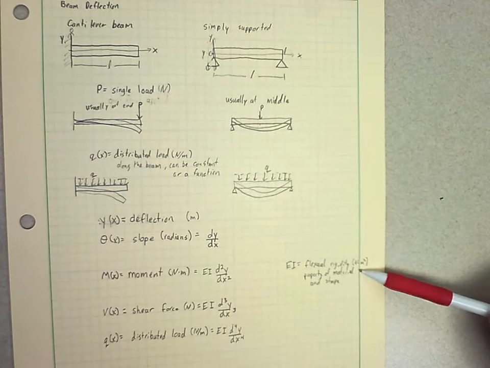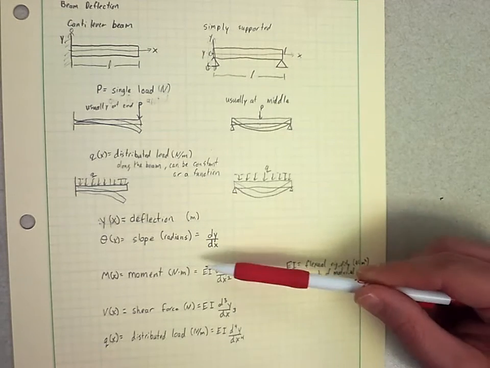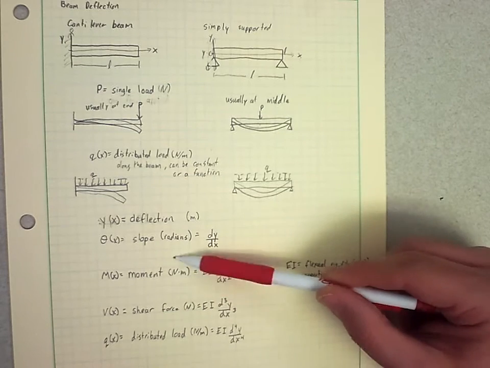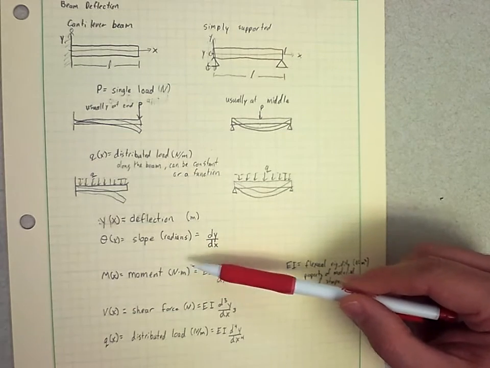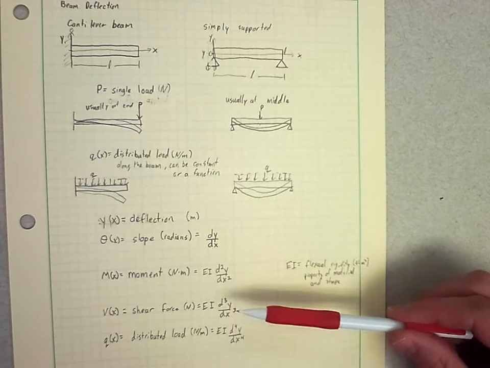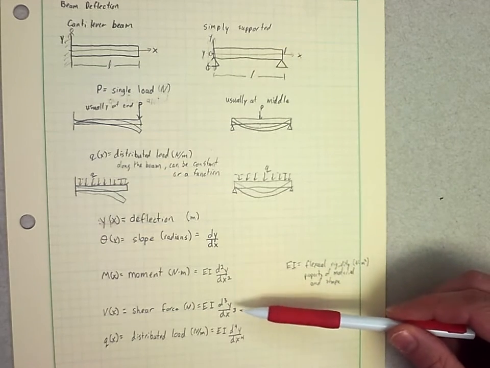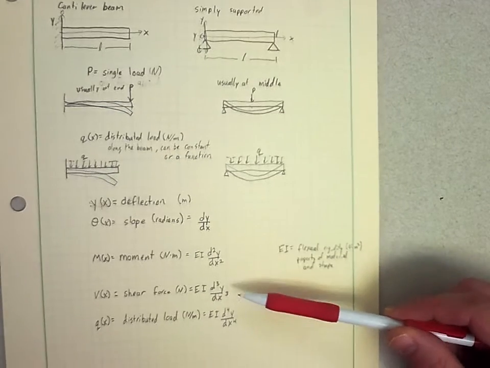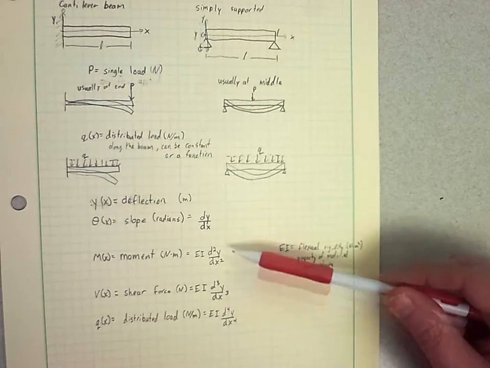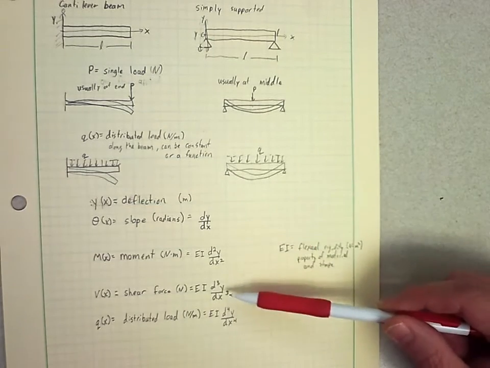Since this has units of newtons times meters squared, when we multiply those together, our moment actually has values of newtons times meter. We keep going from moment, and we can get to the idea of shear force by taking the derivative again. We're now on the third derivative of our deflection.